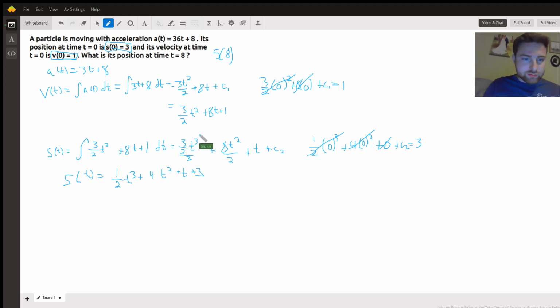Now we can actually figure out what happens at time 8 with the position. So S at time 8: every time we see a t, put an 8. So 1/2 times 8 cubed plus 4 times 8 squared plus 8 plus 3.